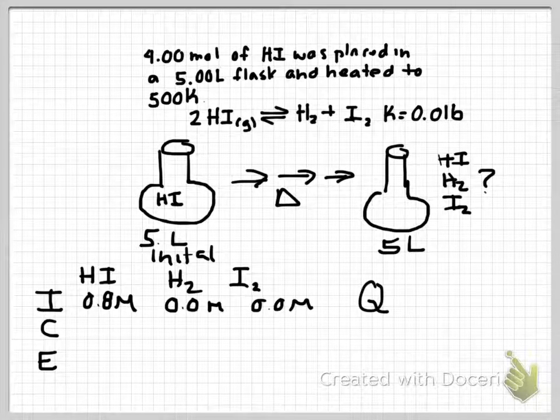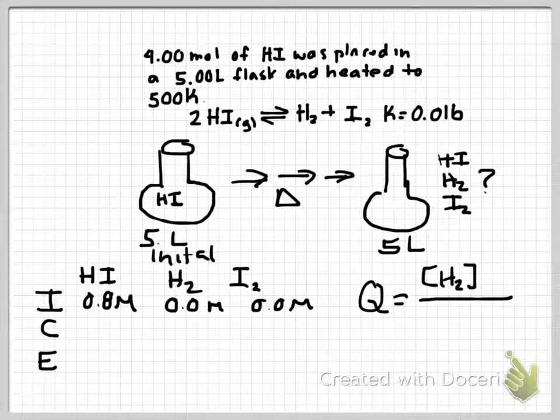The next step is to look at this idea of our Q by evaluating our mass action expression, which is the same thing as our K expression, but at this point we're not at equilibrium. We're at our initial conditions, which we're assuming is non-equilibrium. But we need to figure out which way our reaction is going to go, if it's going to go to the products or going to go to the reactants. So we're going to write out our Q expression here.